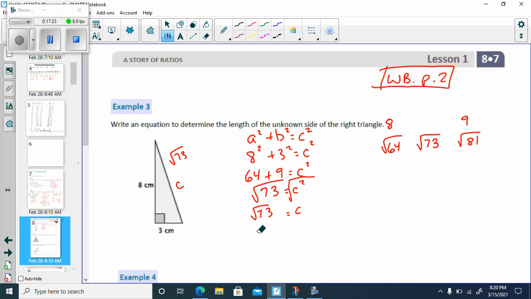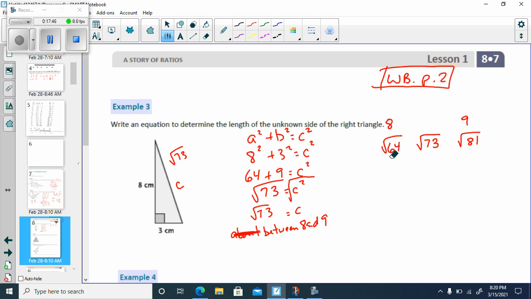So we're talking about something that's 8 point something. We need to figure out the fraction. It's going to be between 8 and 9. Let's figure out how far between 8 and 9.